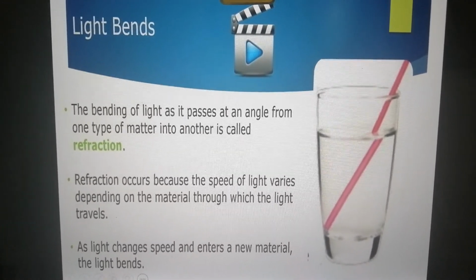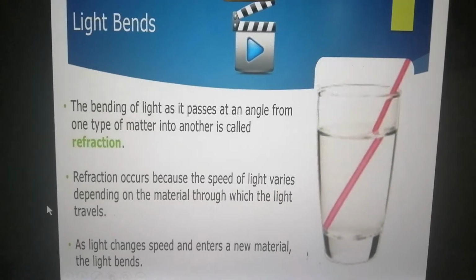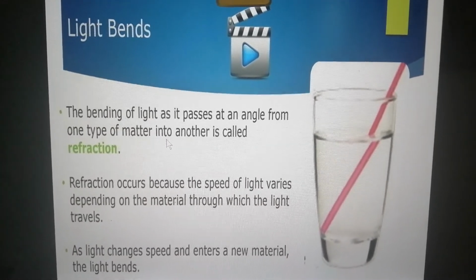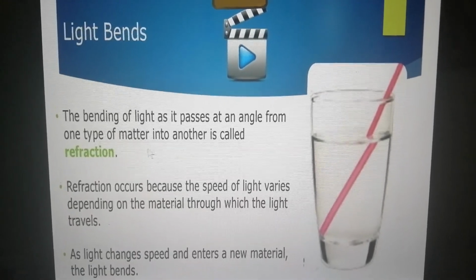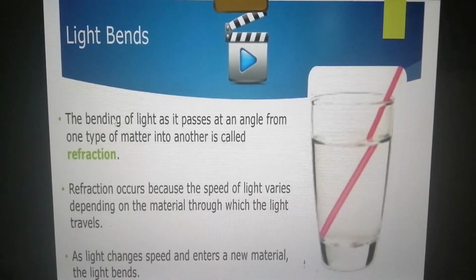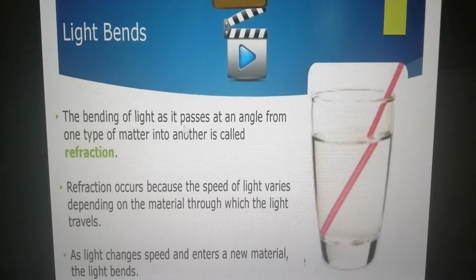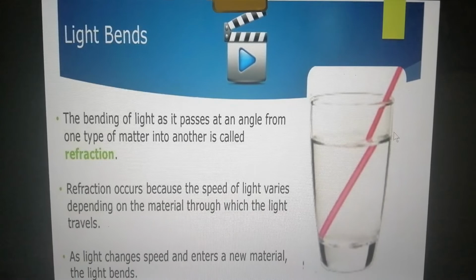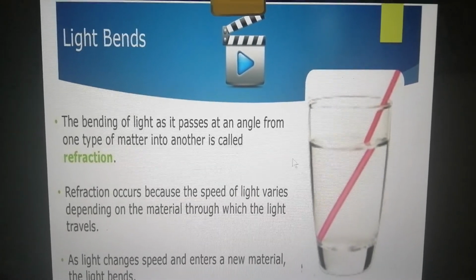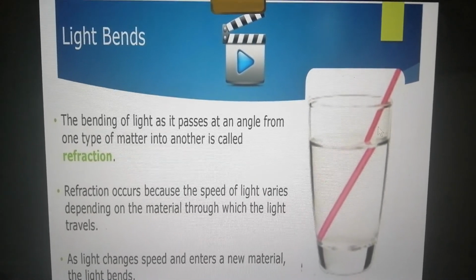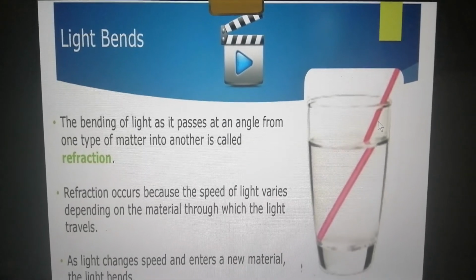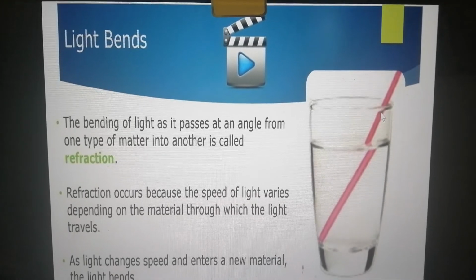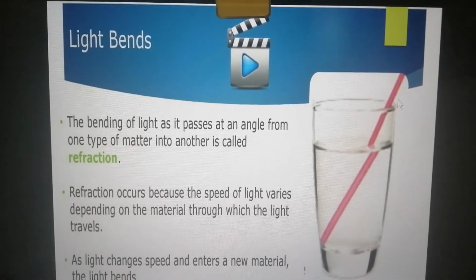What is refraction? It is the bending of light as it passes at an angle from one type of matter into another. Like here, if we have a glass of water and we put a straw or a pencil inside it, you will find that the part above the water is straight.